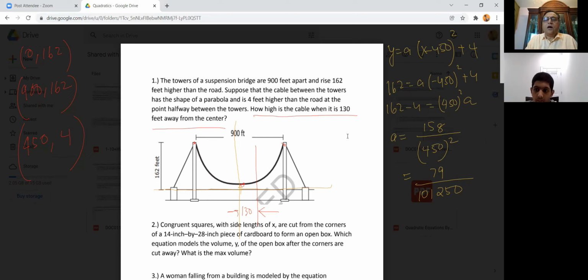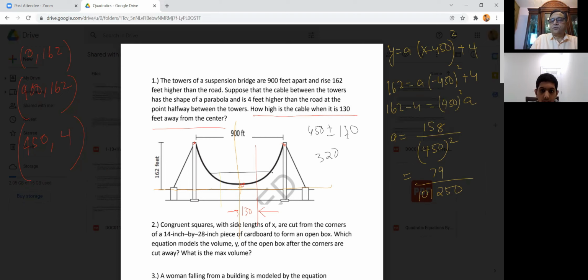Now when you say, how high is the parabola when it is 130 feet away from the center, it could be either way, right? 130 feet. If I am taking the distance from here, it could be 450 plus or minus 130, and anywhere will give me the same value. So if I do minus 130, I get 450 minus 130, which is 320. So let's put 320 as the value of x and calculate.